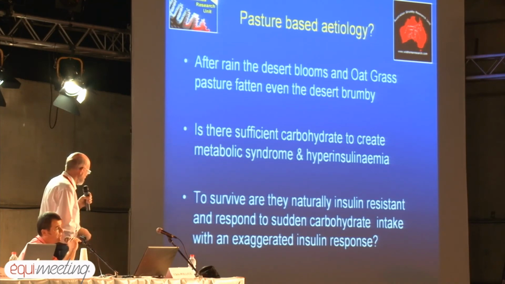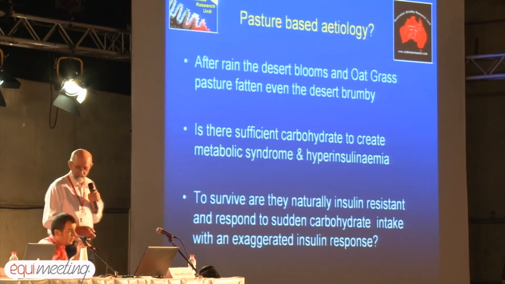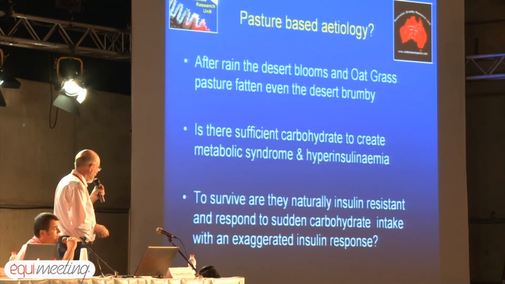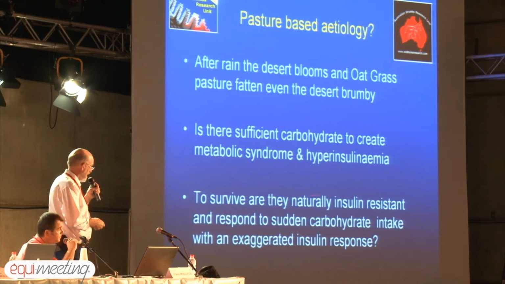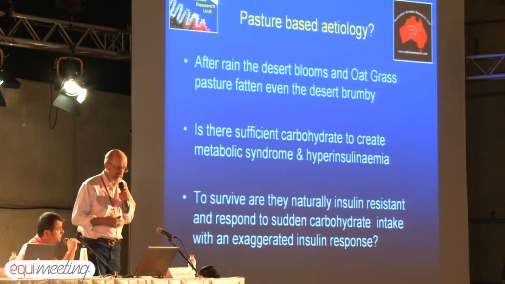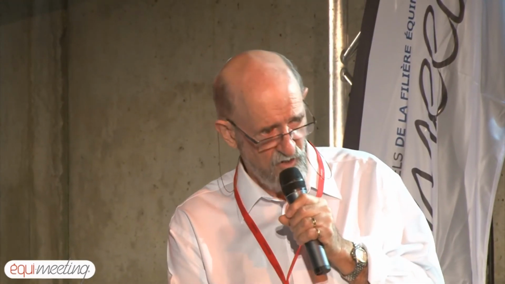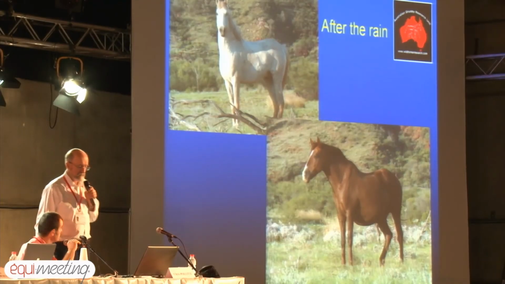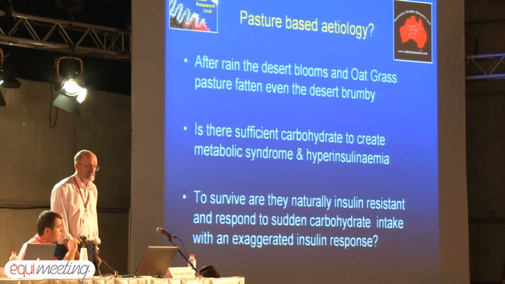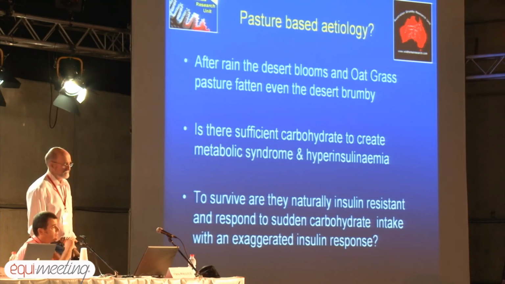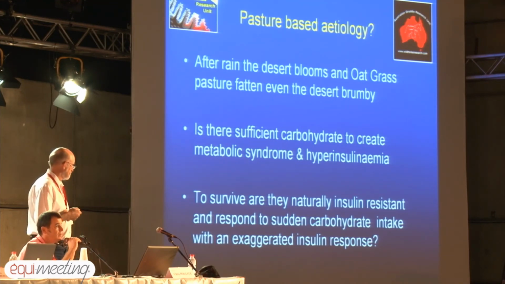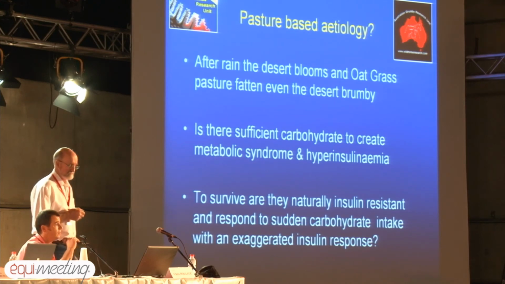We don't know this, but perhaps over the years these horses have become insulin resistant, and maybe there is an insulin response when horses, even in the desert, suddenly have access to well-grown desert oat grass.